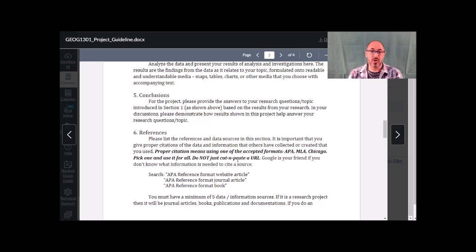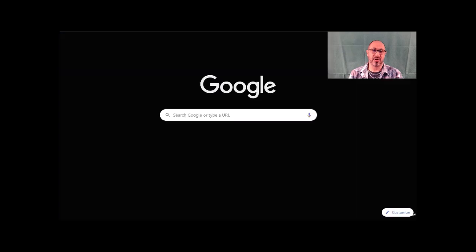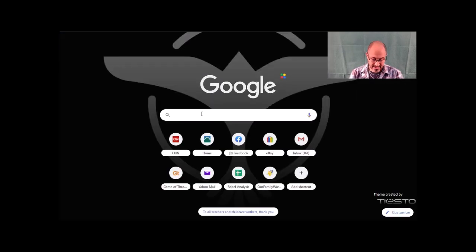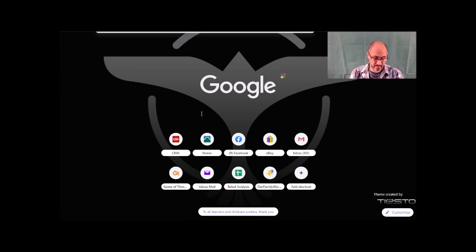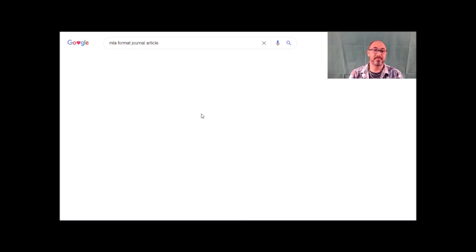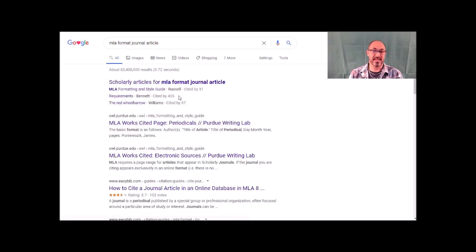If you have a problem with not knowing how to format a data source, Google is your friend. If you go to Google and type in MLA format journal article, it'll give you the MLA formatting and style guide. And there are multiple examples on how to cite a journal in an online database, how to cite a book, how to cite an interview, right?